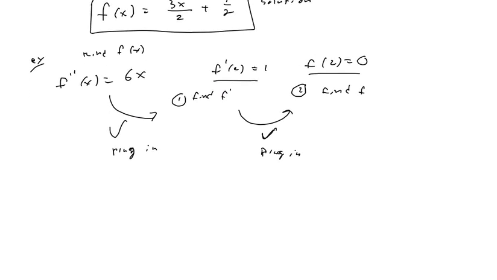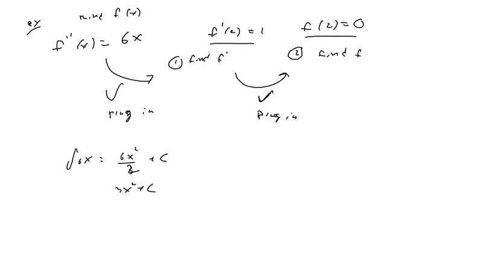If I did the integral of 6x, that would be 6x squared over 2 plus c, so that's going to be 3x squared plus c. If I plug in my initial condition, this is f prime here. So this is f prime now. So I'm using my initial condition here. I'm plugging in a 2 and equaling a 1.